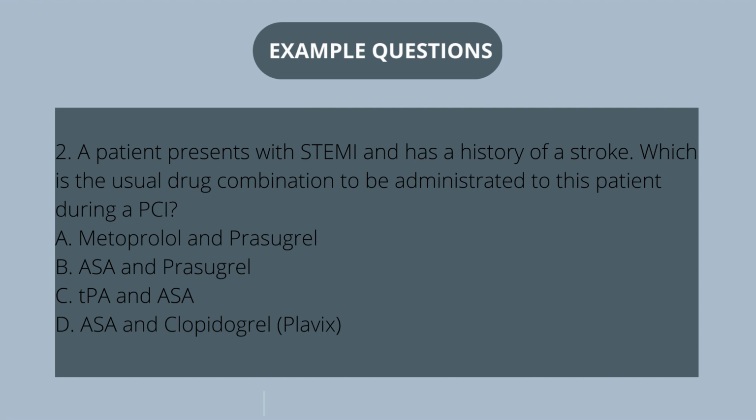Metoprolol, as we all know, is a beta blocker used for hypertension, used to prevent arrhythmias or a fast heart rate. Prasugrel is another antiplatelet medication. TPA is a thrombolytic used for only acute events.